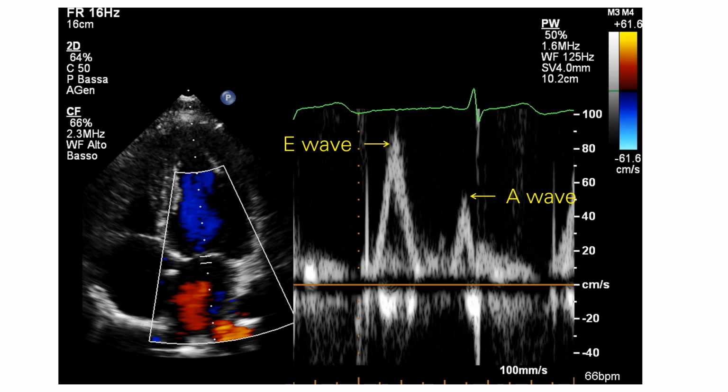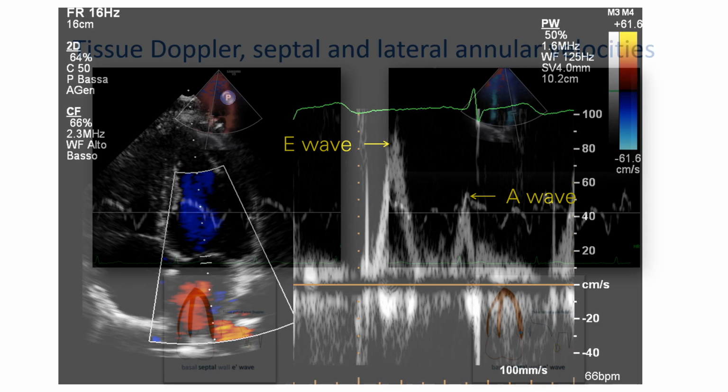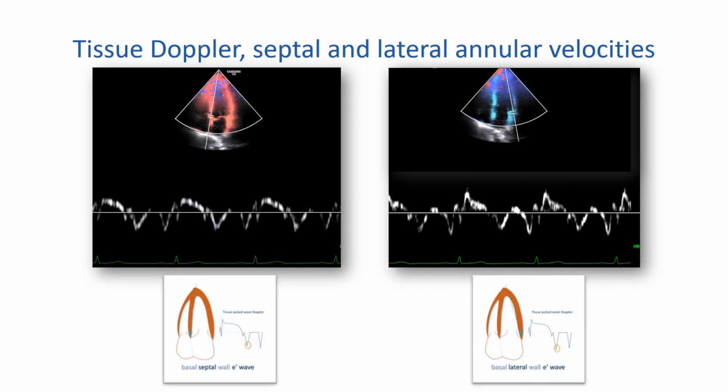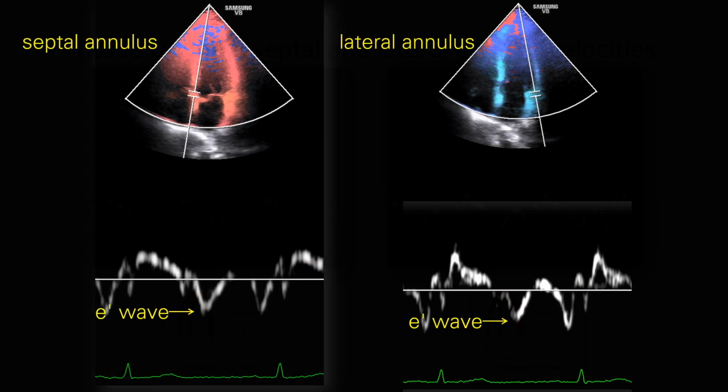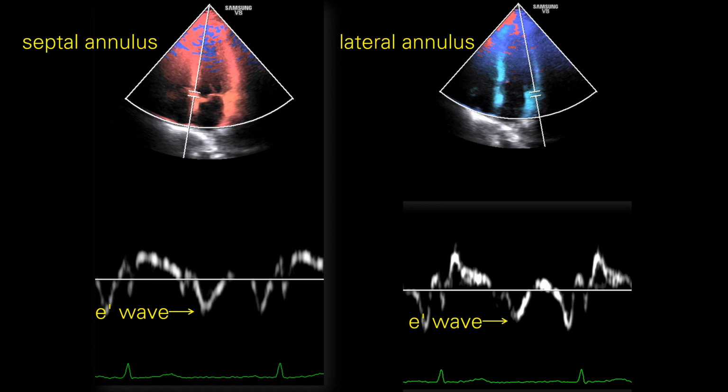In particular, the two numerical parameters wave E and wave A. The velocity profile of the mitral ring sampled with tissue Doppler. The peak velocity of E' wave of both the septal annulus and the lateral annulus.